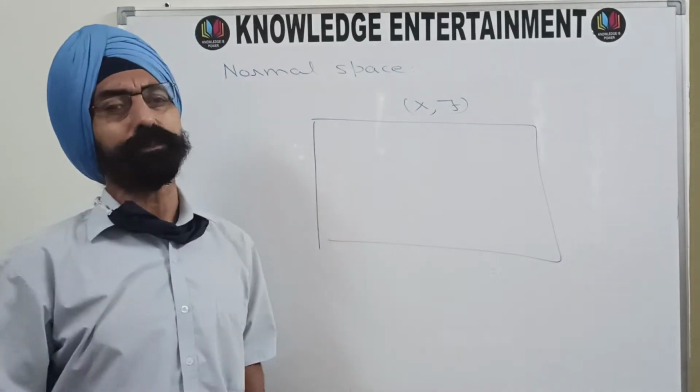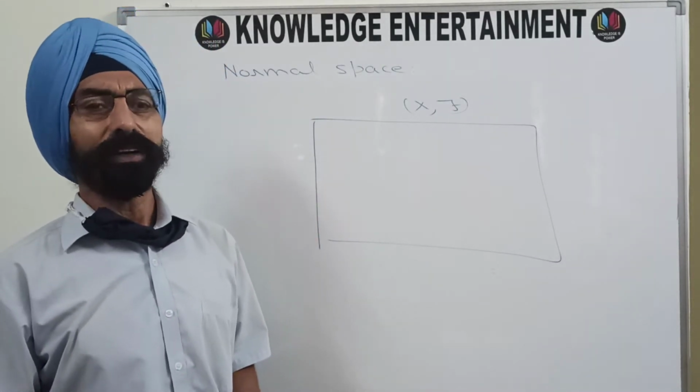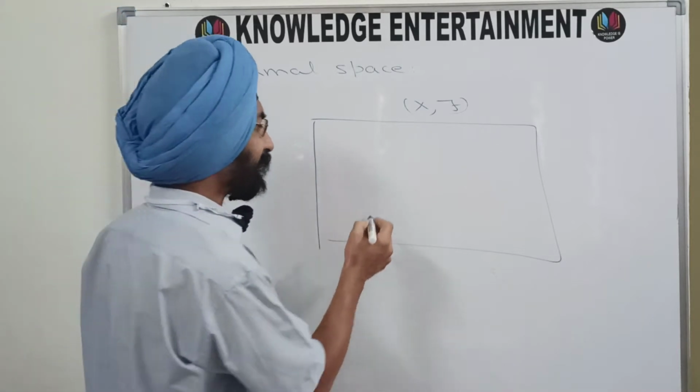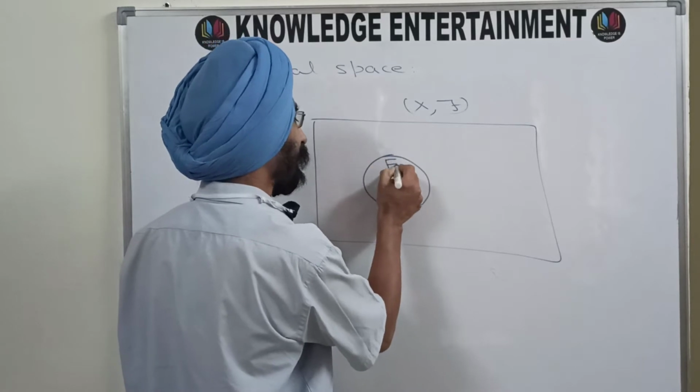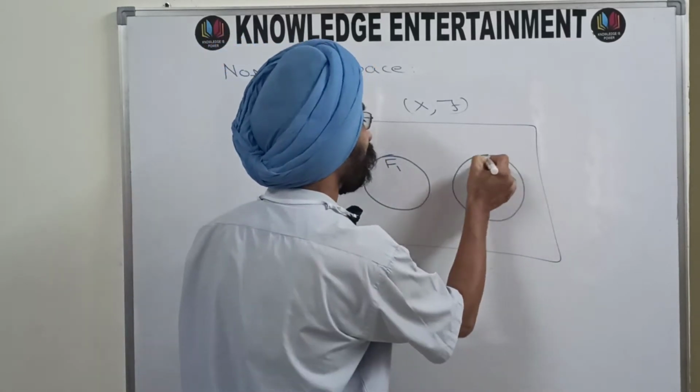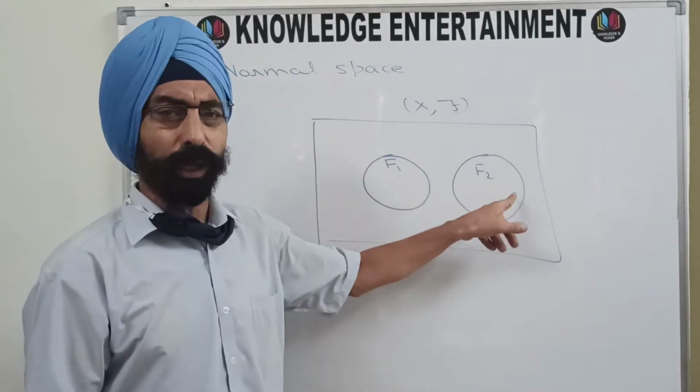This topological space will be called normal if for any two disjoint closed sets, so here is a closed set, you can say F1. Here is another closed set, you can say F2. And these two are disjoint.